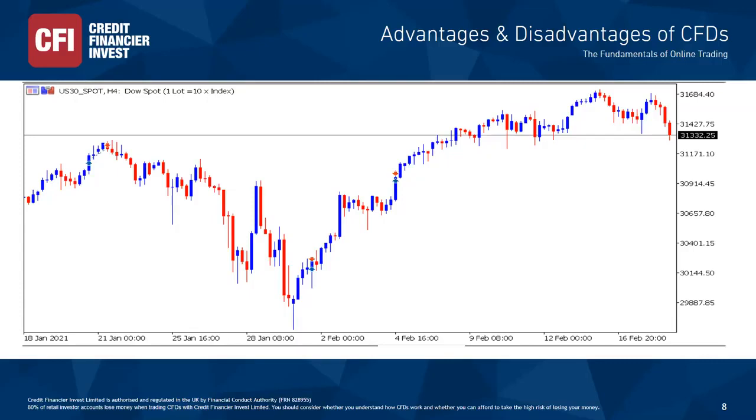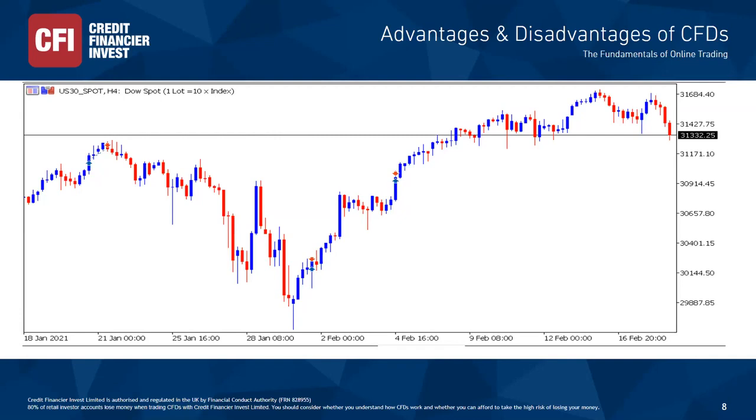That is basically the amount you have to put up to trade that position. Obviously, as I already mentioned, with CFDs you only have to put up a small percentage of that full amount.